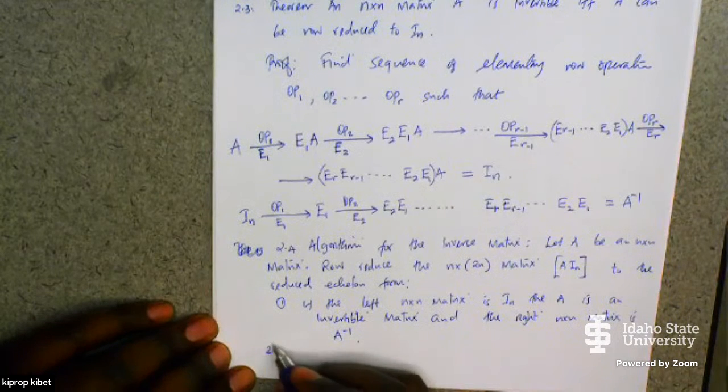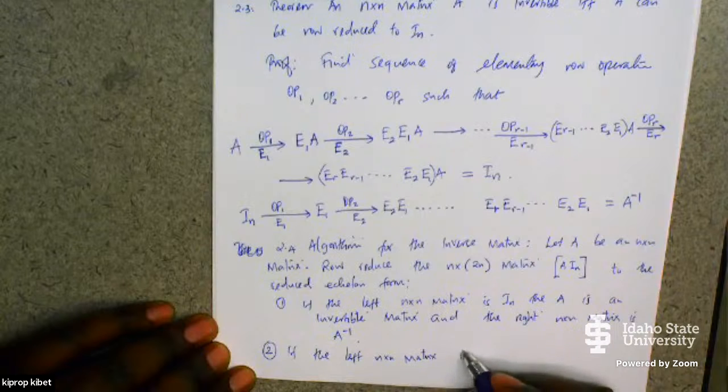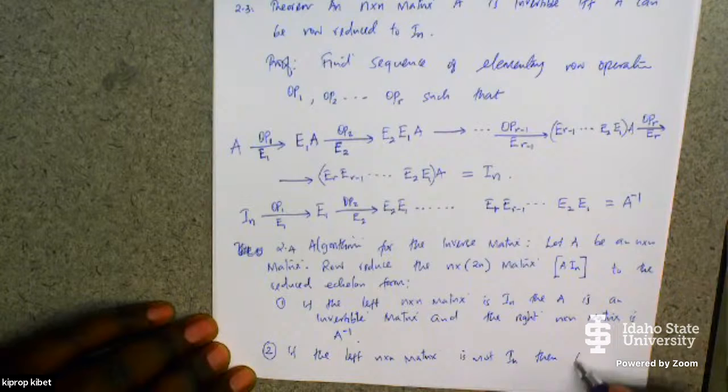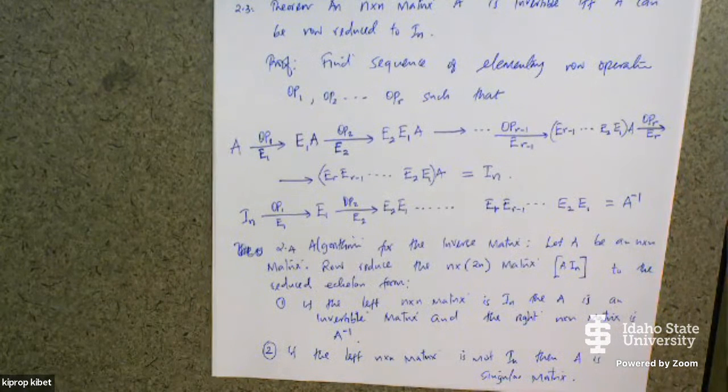Number 2: if the left n by n matrix is not In, then A is a singular matrix.